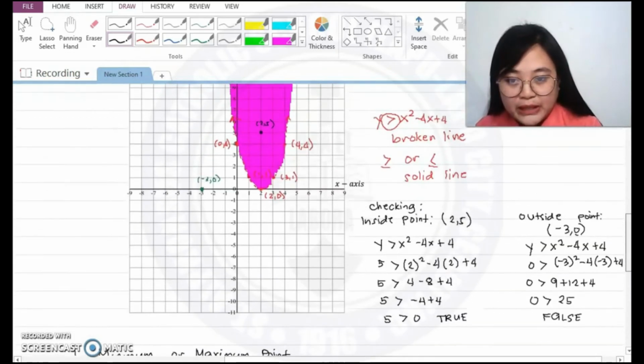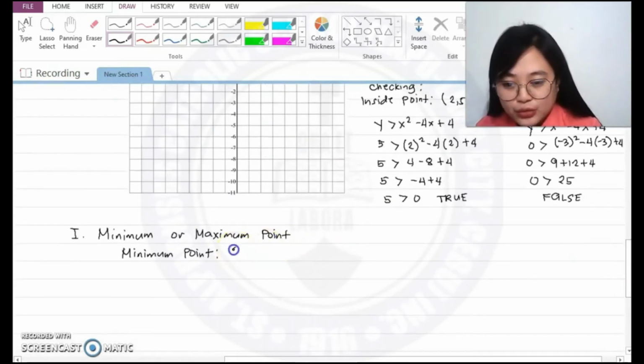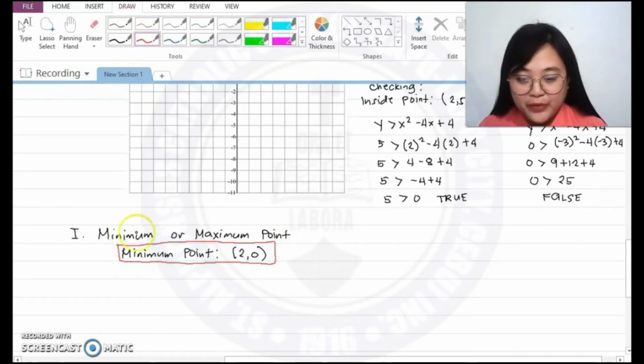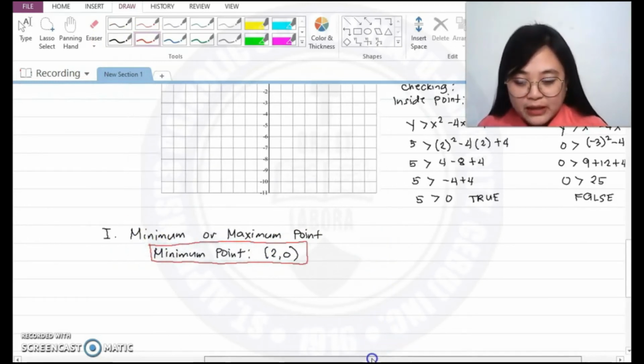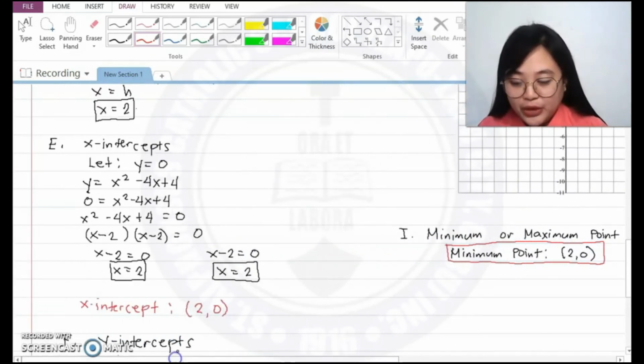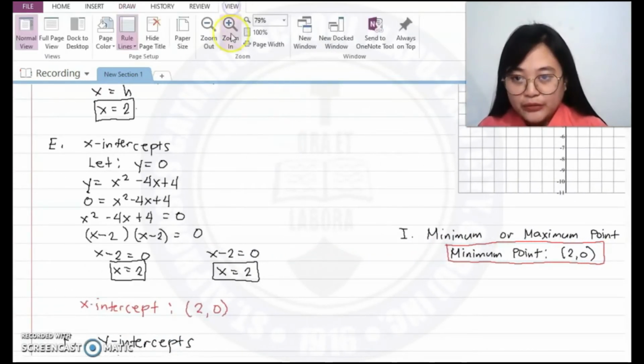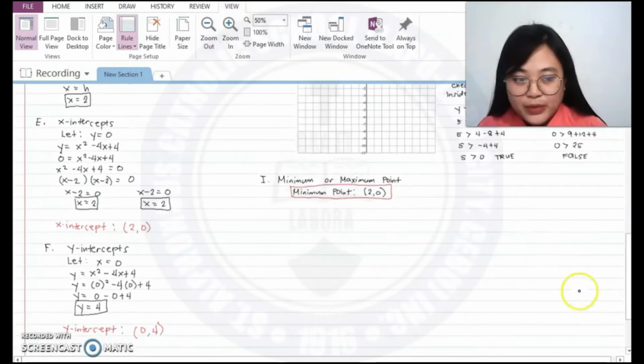Our minimum point is (2, 0). And I need you to box your final answer. Okay, that's it for number 1. So before we end this example, we are going to review the things that we have discussed.